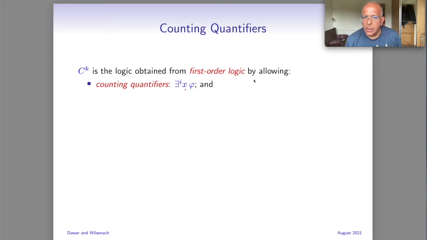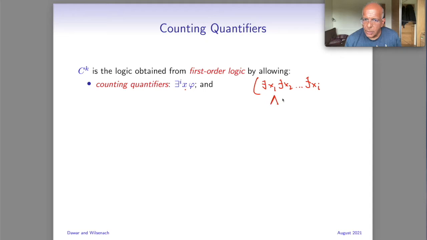Now, this is equivalent to a formula of first-order logic, if phi is a first-order formula, which simply asserts the existence of i different elements.